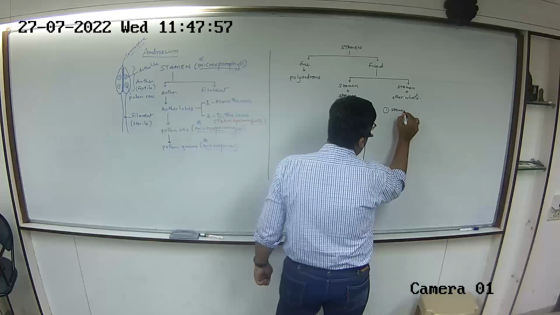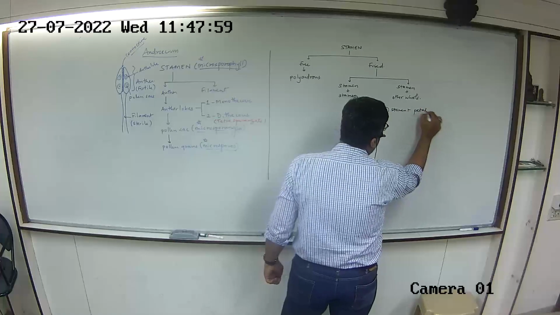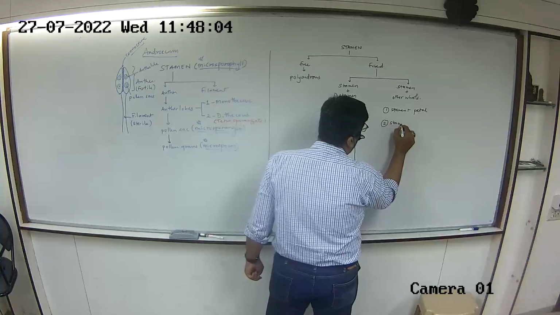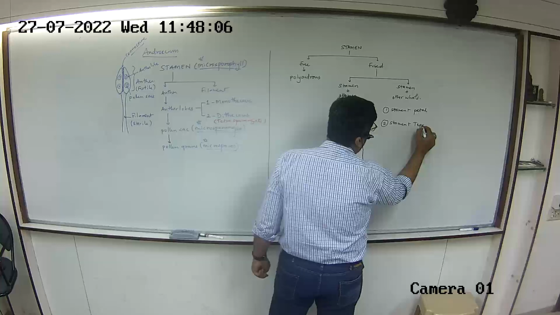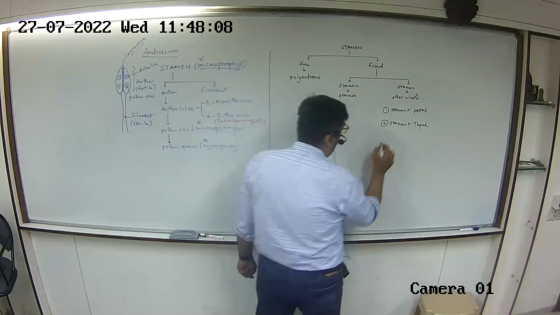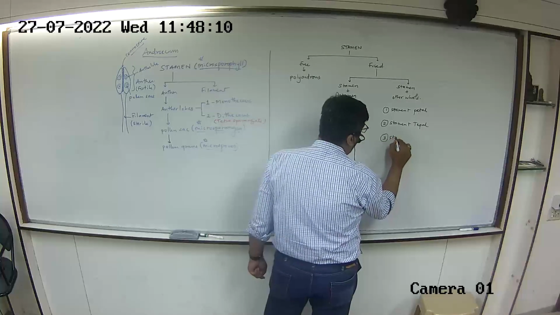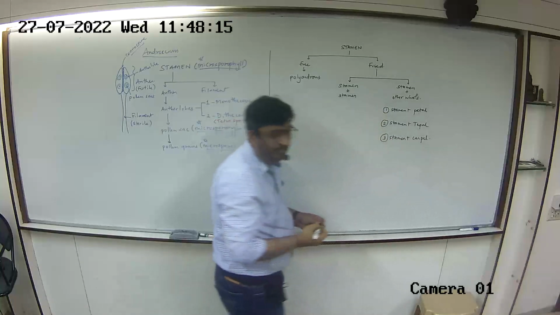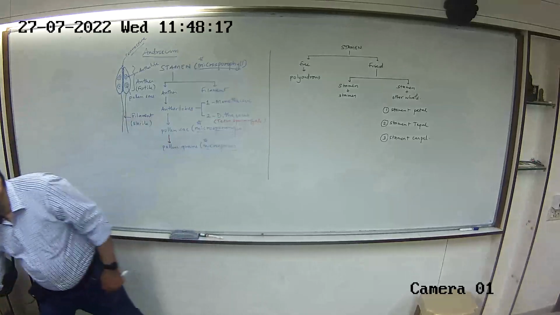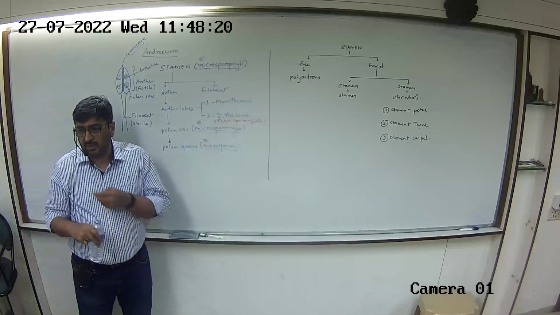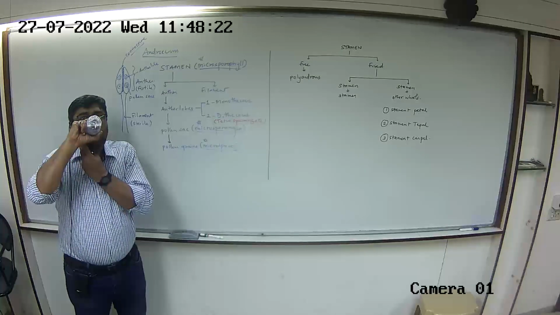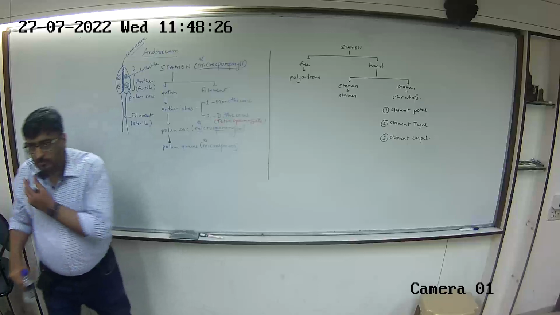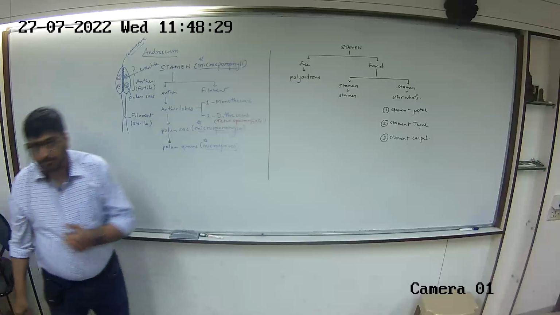Stamen can fuse with petal, number one. Second, stamen can fuse with tepal, and third, stamen can fuse with carpel. Are these the three possibilities, please? Distinctive for the exam. Understood now, please? Can we have the stamen sepal combination? No. Okay, good.